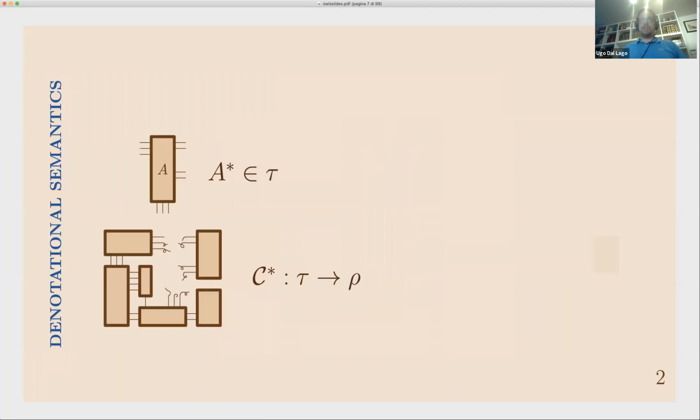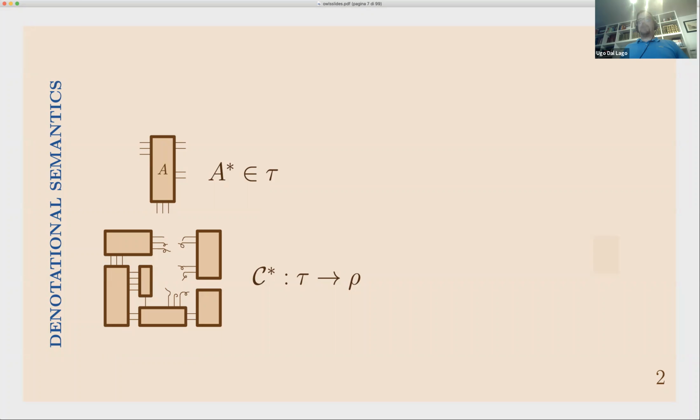One example is the denotational semantics, in which both the component and the environment, which we here call C, for the context, are interpreted as mathematical entities, as objects in some mathematical framework, in some mathematical world. For example, A can be a term of some functional programming language of type tau, and the context is itself a term of the same programming language, taking terms of type tau and returning terms of type rho.